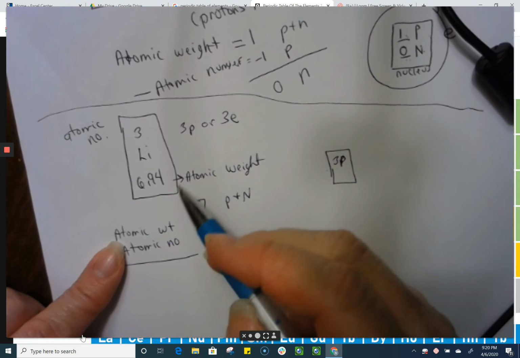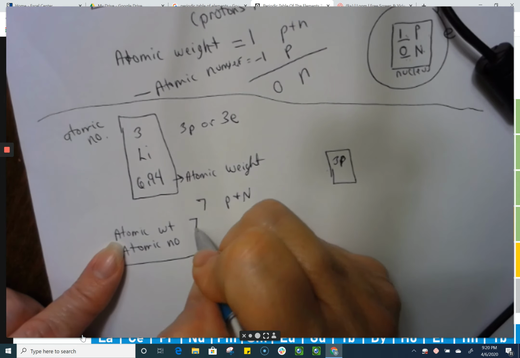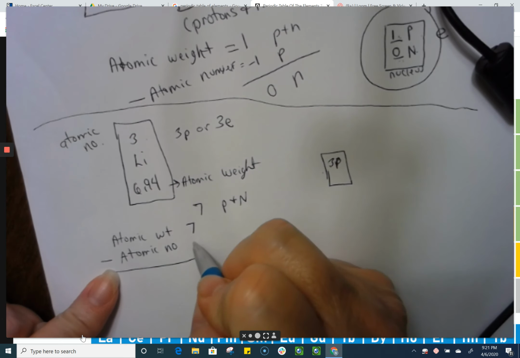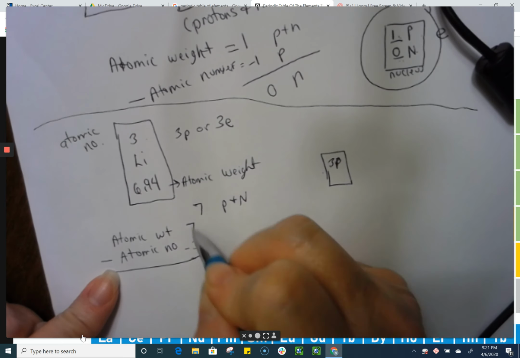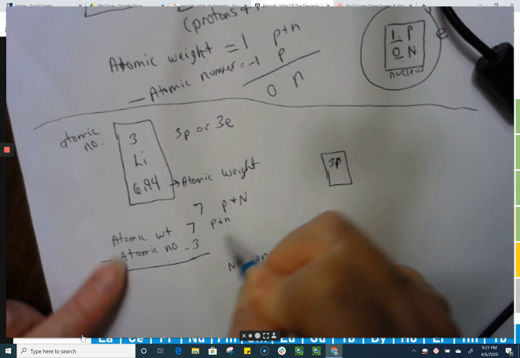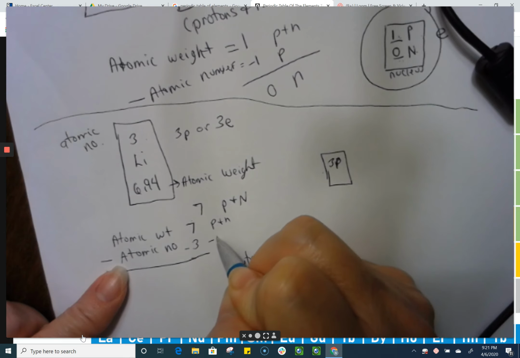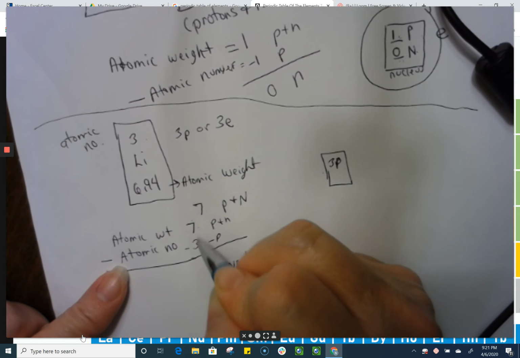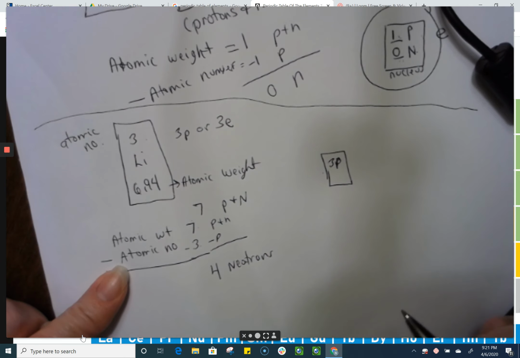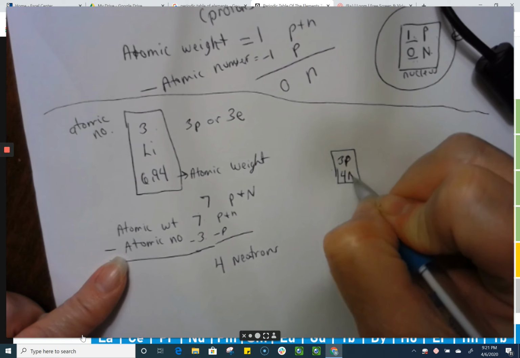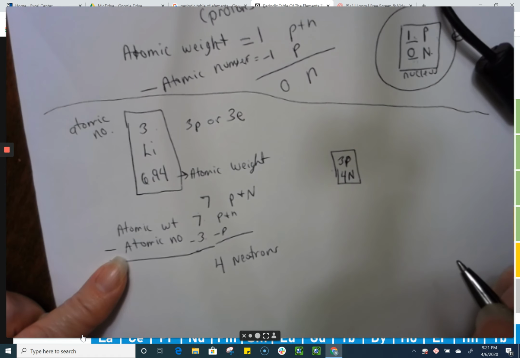So my atomic weight here, rounded, is 7. My atomic number is 3. So 7, which is the combination of protons and neutrons, and you take away the protons, that leaves you with the neutrons. So 7 minus 3 means that lithium is going to have 4 neutrons in the nucleus.